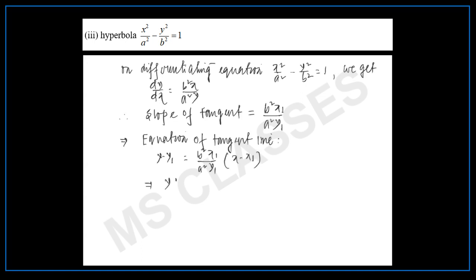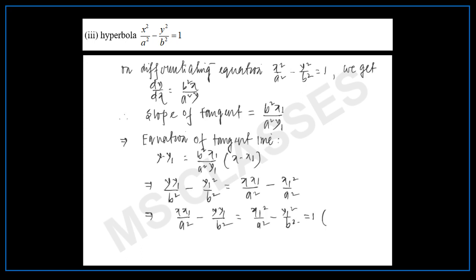On further simplification, we get x1 by a square minus y1 by b square equal to x1 square by a square minus y1 square by b square, which equals 1 by equation 3.